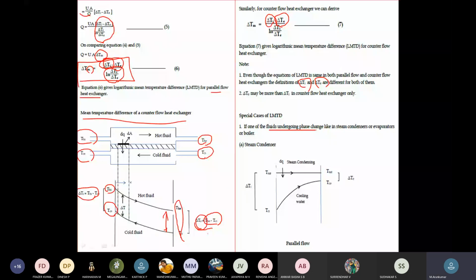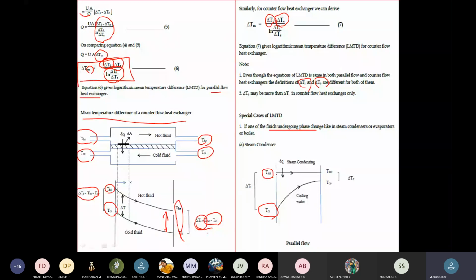So for a steam condenser, the temperature difference will be like this. The saturated temperature is for the hot fluid, and this is for the cold fluid inlet.